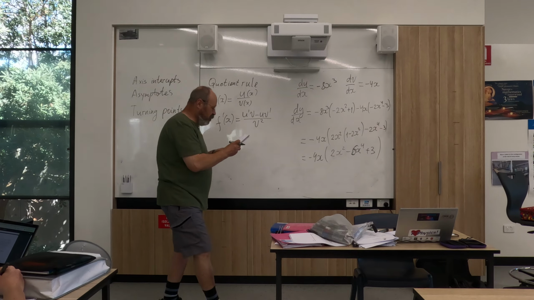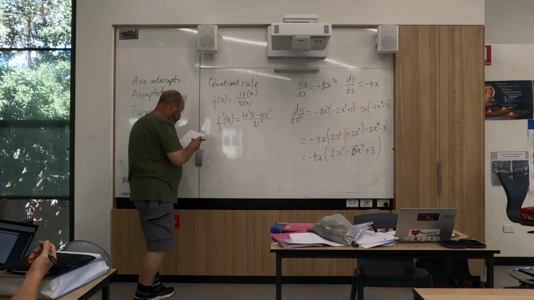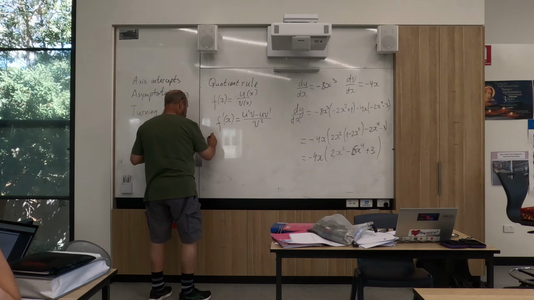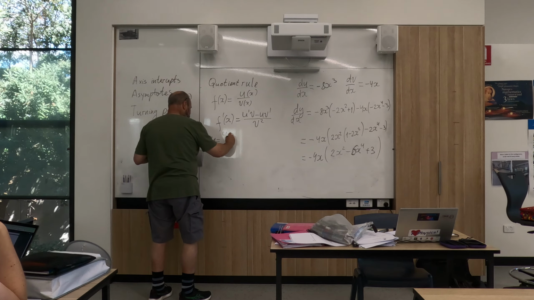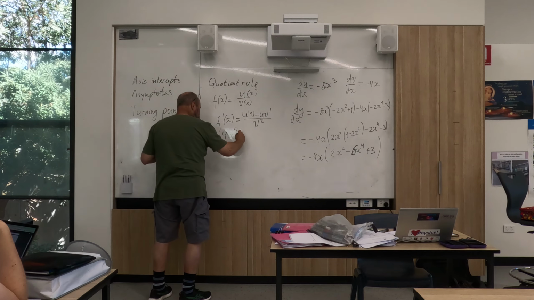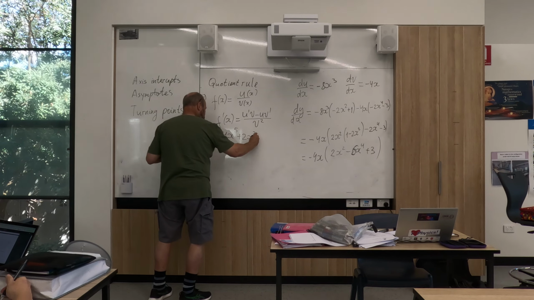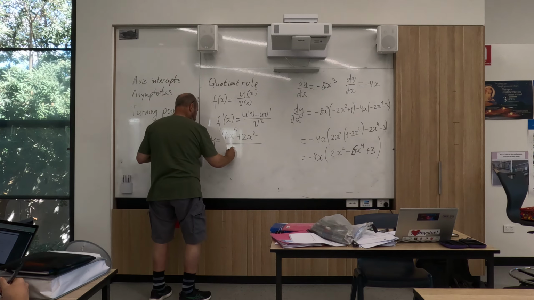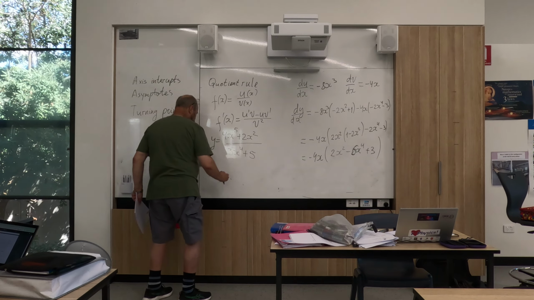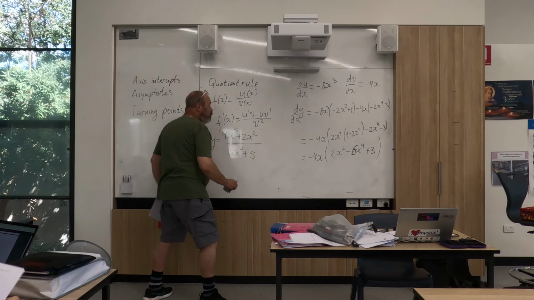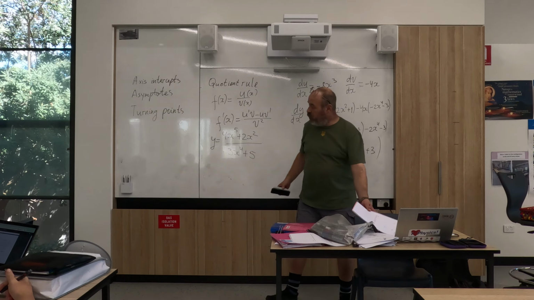Let's say we have f of x, y, equal to 4x to the power of 5 plus 2x squared over 3x to the power of 4 plus 5. So that is our u, that is our v.